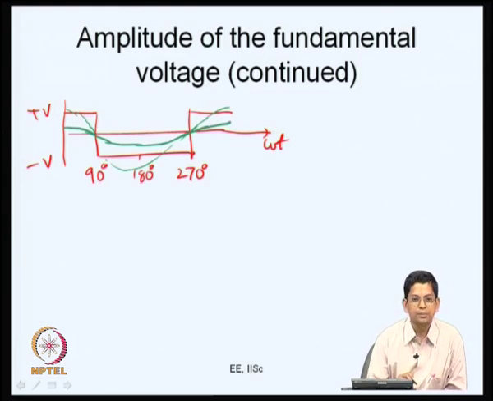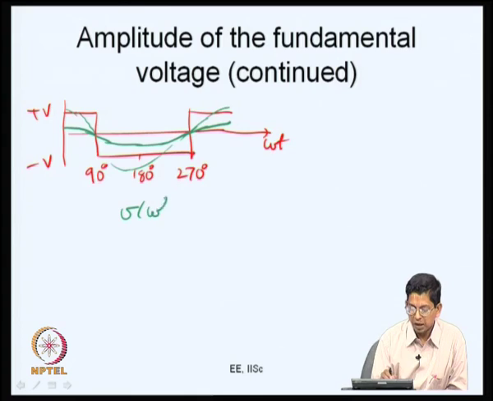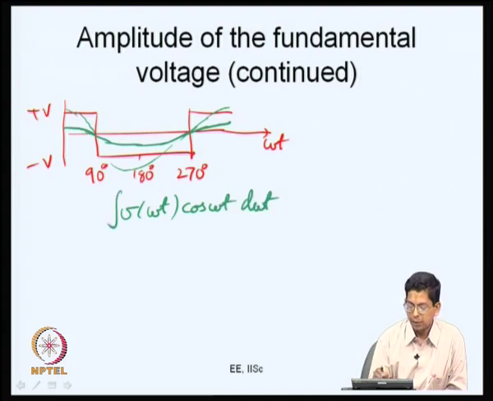As shown here, I have V of omega t as defined here, I multiply this by cos omega t, and I integrate this with respect to omega t from 0 to 2 pi, and take 2 upon 2 pi. I do this to get the fundamental amplitude.